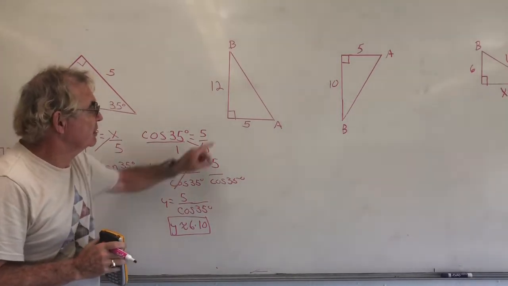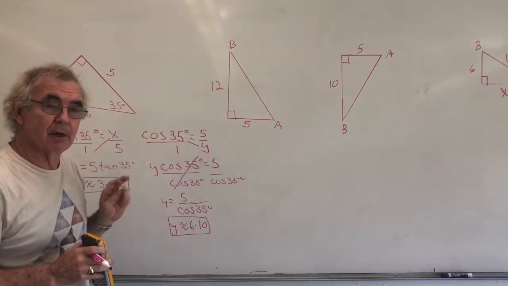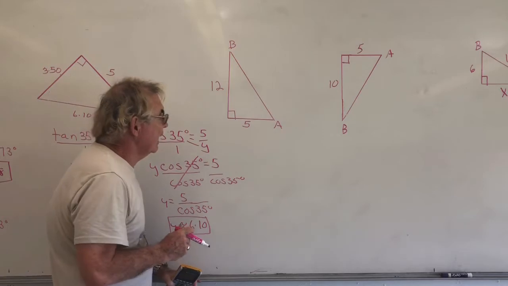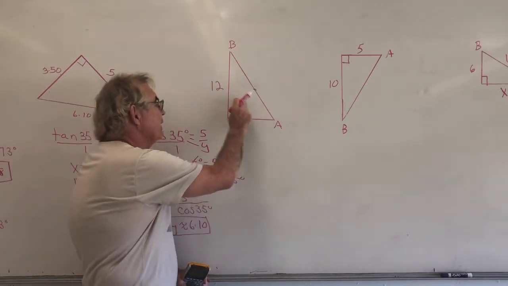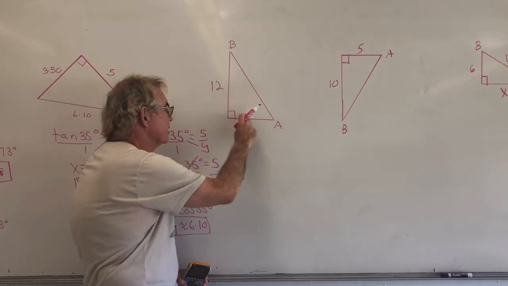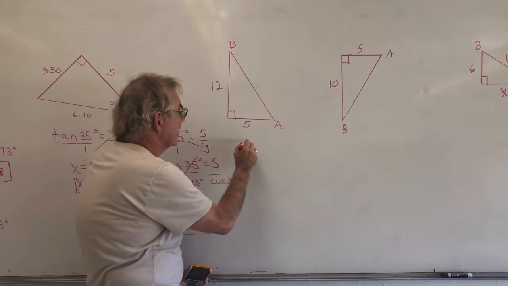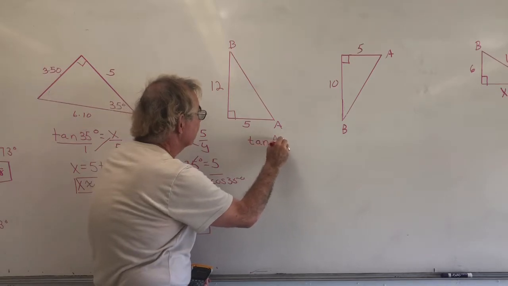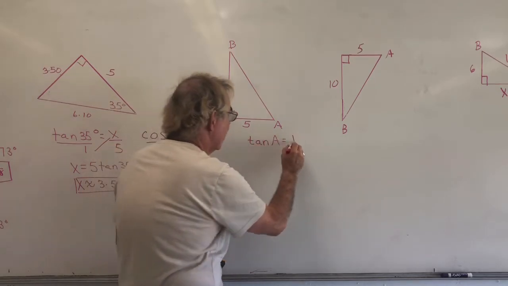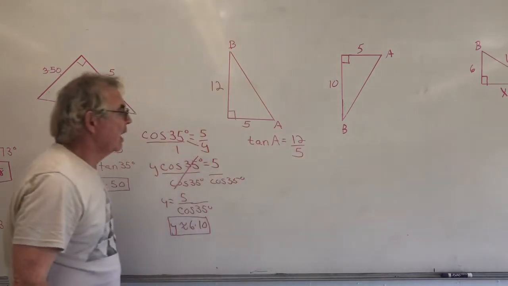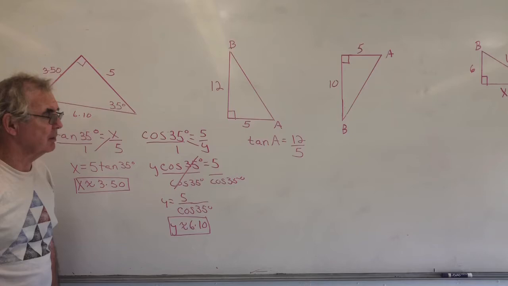Okay, notice it's a hot right triangle, 90 degrees. To find angle A, we have the opposite and we have the adjacent. So we could say the tangent of angle A is equal to 12 over 5, opposite over adjacent.